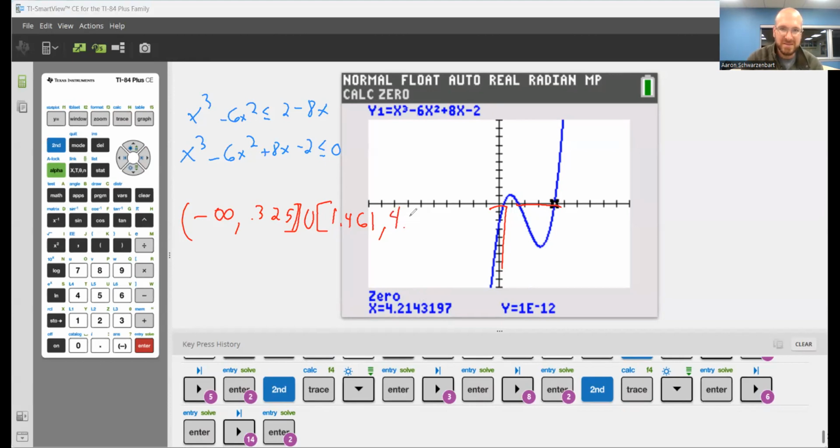And this is my solutions. Again, because it's or equal to, I need the brackets. Okay. Some of these are going to be kind of strange.